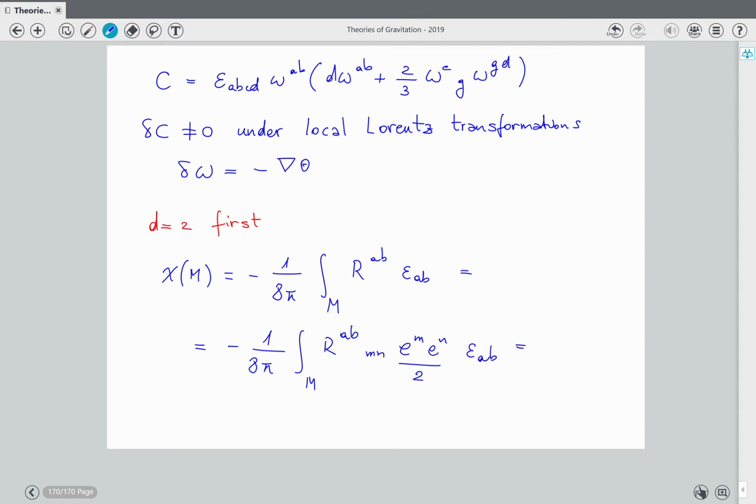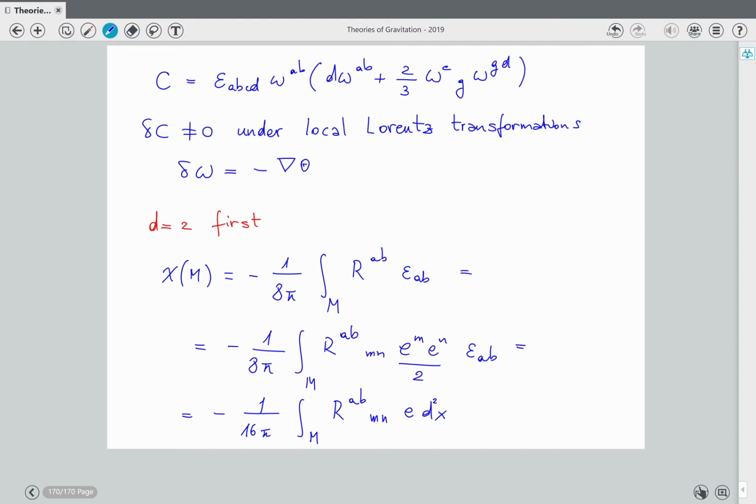So that is simple. e^M e^N again will be equal to the determinant, d^2x now.